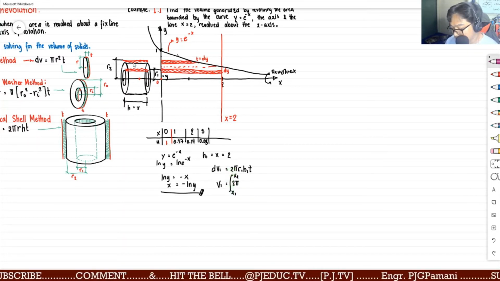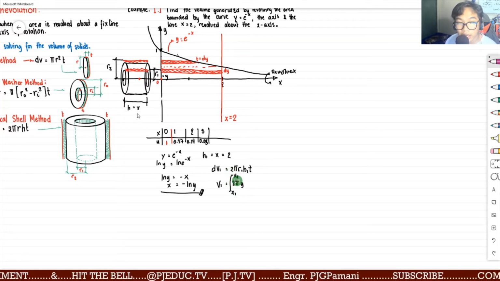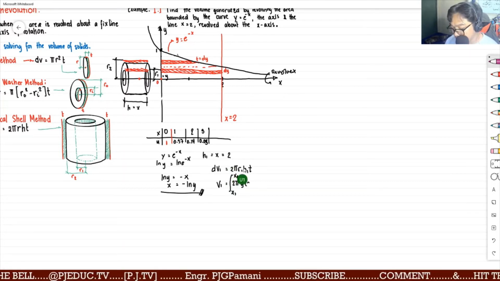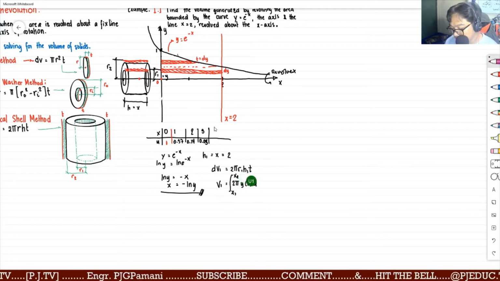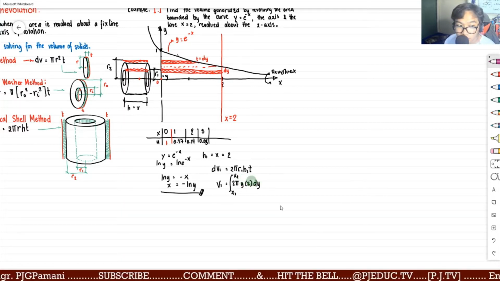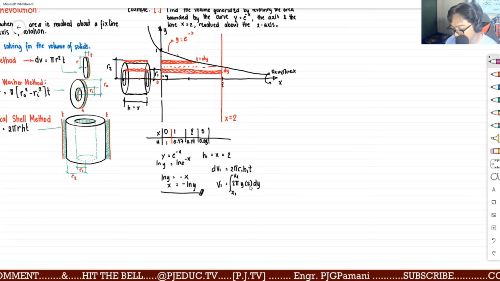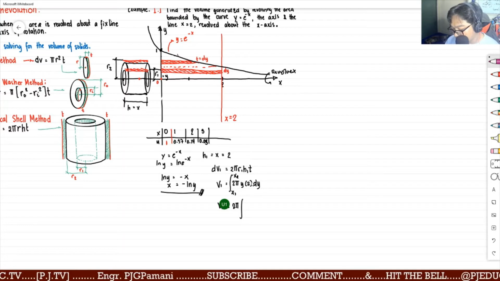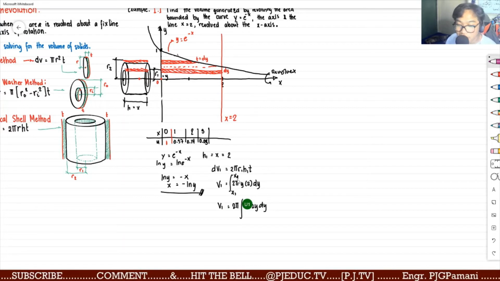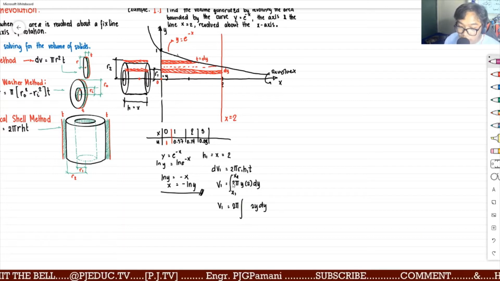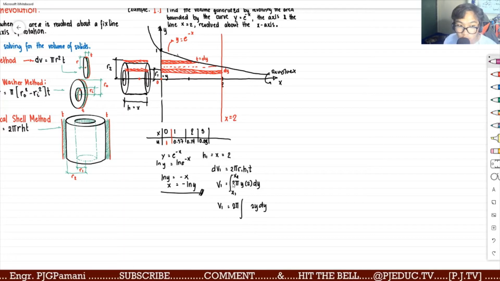Radius 1 is y. Height or length 1 is simply equal to 2. Differential thickness is dy. In terms of y yung consideration natin, so that will be our final equation for volume 1: 2 pi integral of upper and lower limit of 2y dy. Ano ngayon yung ating upper and lower limit?